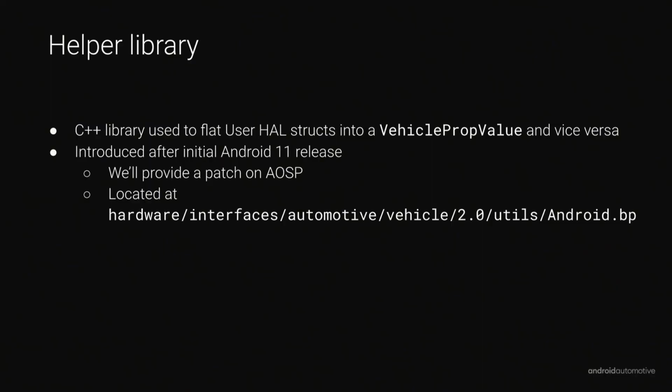Unfortunately, we didn't finish that library on time for the initial Android 11 release, but we have implemented it internally. So once Android 11 is pushed to ASP, we're going to be providing some patches that backport this library to ASP. After all, this library is not something that's needed to run Android. It's something that you can patch in and build your user Hall on top of.